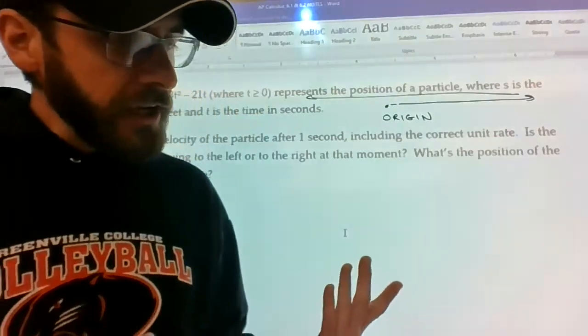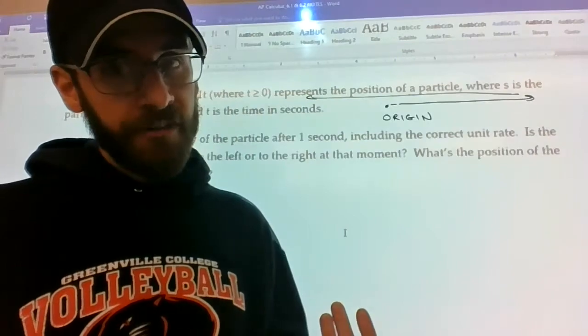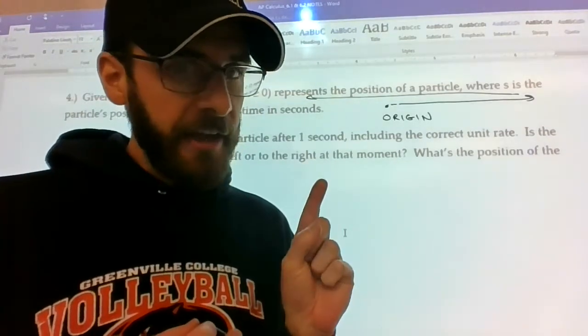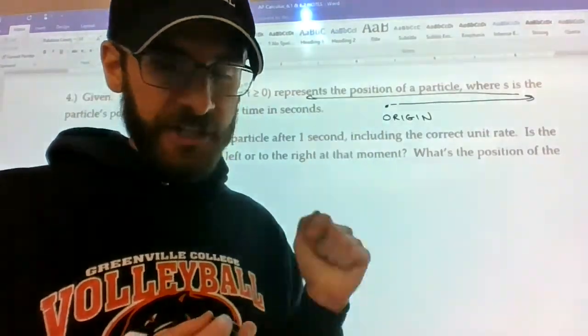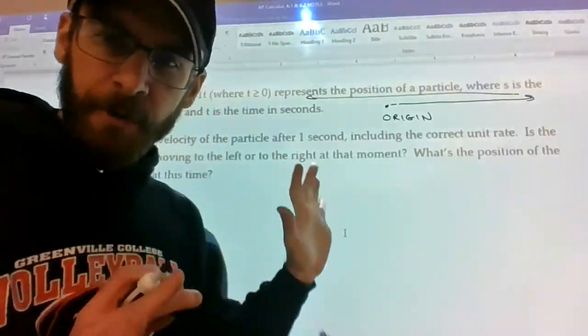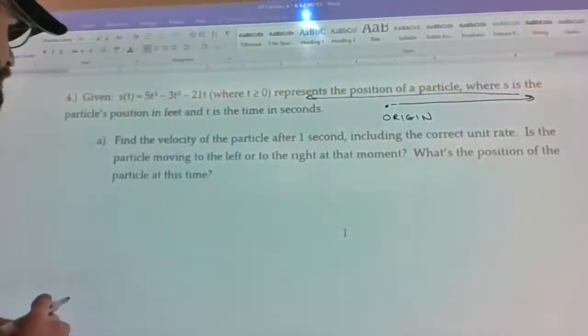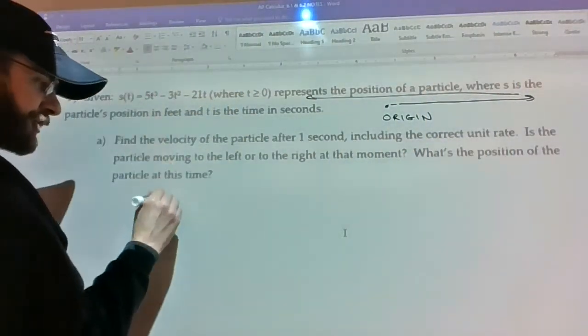You're either getting closer to the origin or going further away. We could say this direction is positive and that direction is negative. We'll keep it simple by just sliding horizontally back and forth.